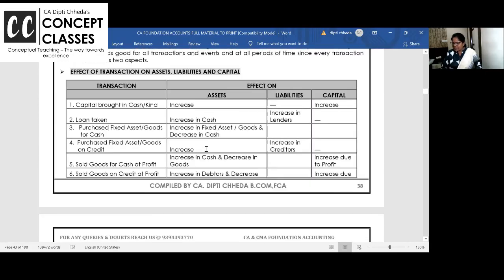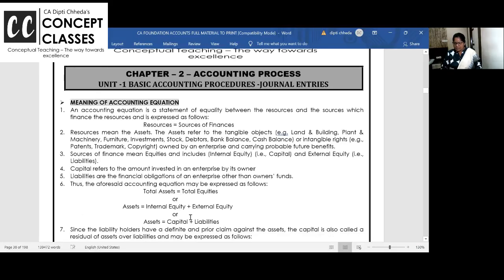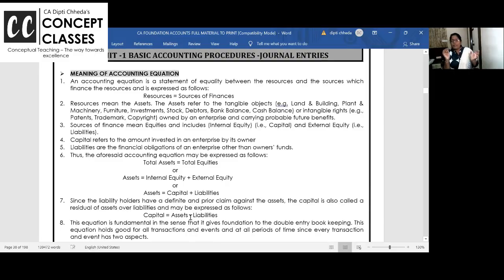For that, I am going to the basic explanation of this chapter. Starting. What do you mean by accounting equation? Asset is equal to liabilities. Accounting equation is a statement between the resources. Resources means sources of finance. Where from money comes in the business?